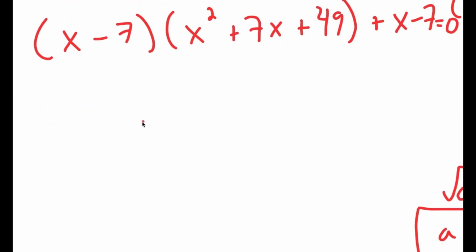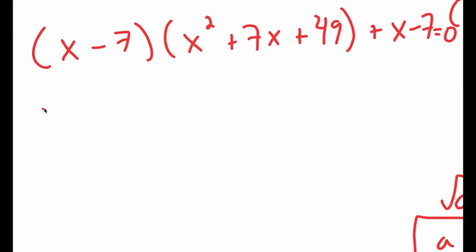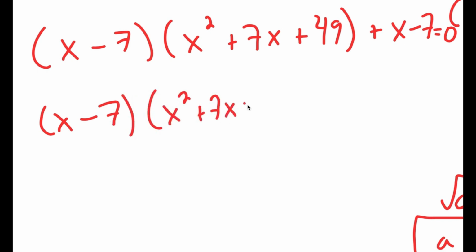So now from here, I'm going to factor out x minus 7. So I get x minus 7 times x squared plus 7x plus 49 plus 1 is equal to 0.